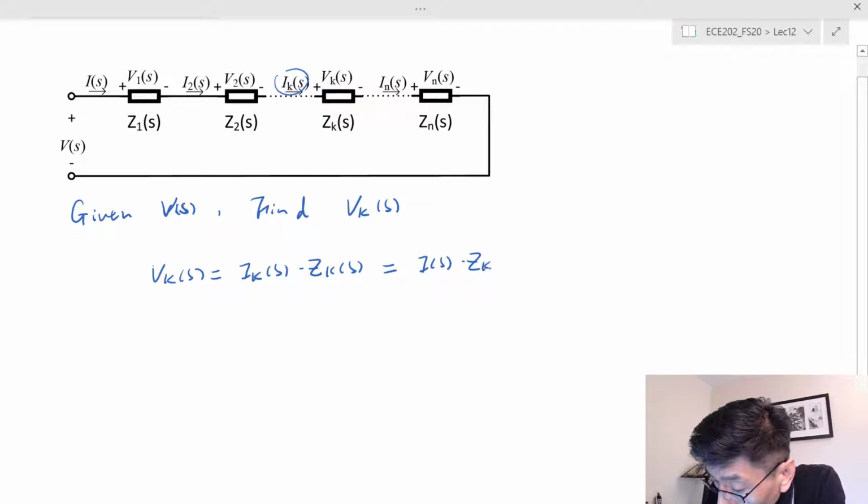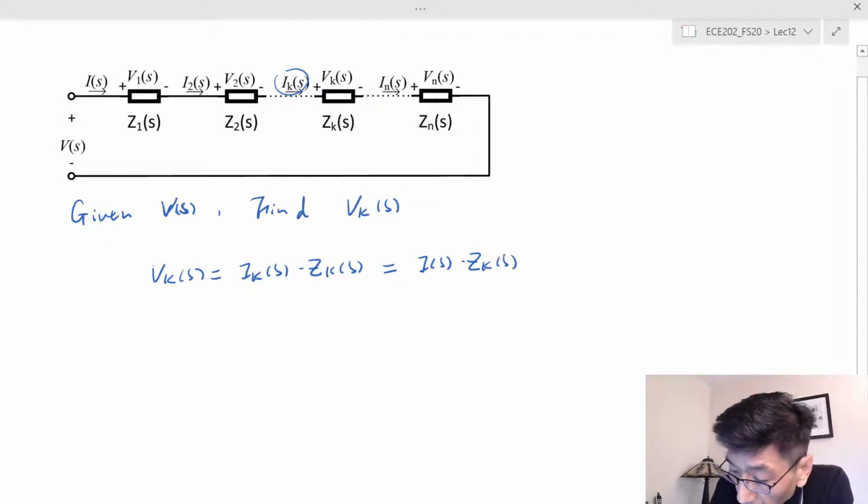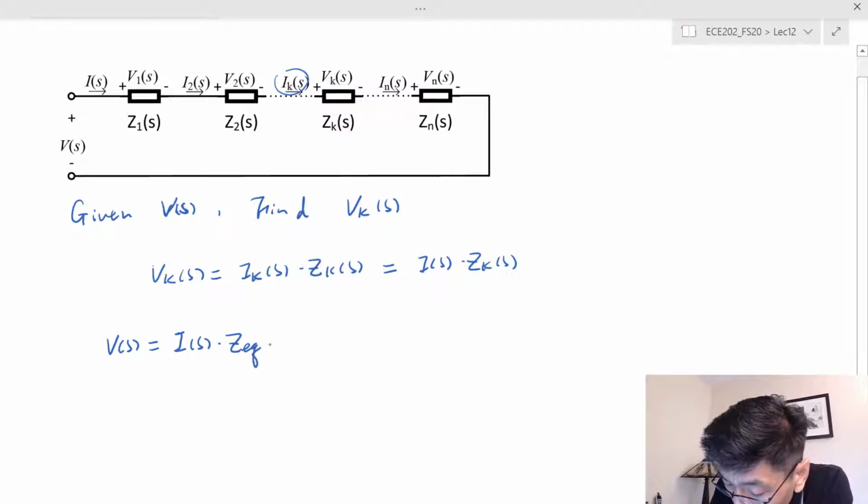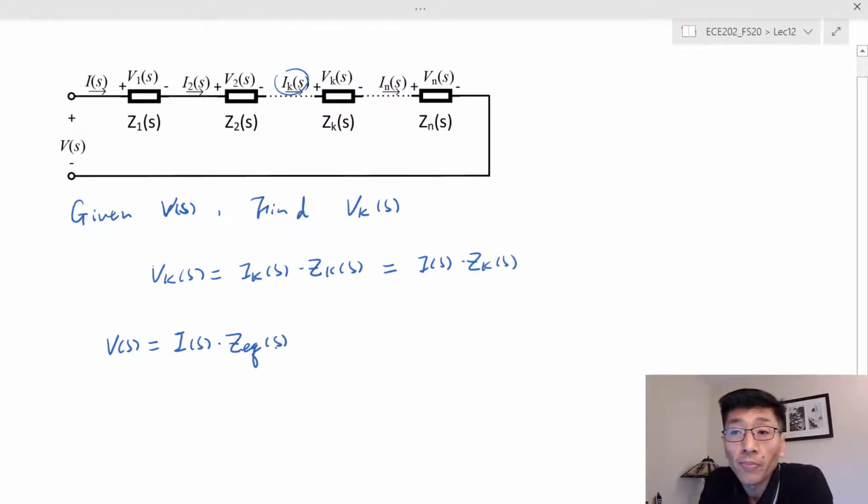And we also know Vs and I sub s are related by the equivalent impedance: Vs is I sub s times Z sub eqs, where Z sub eqs is the equivalent impedance.